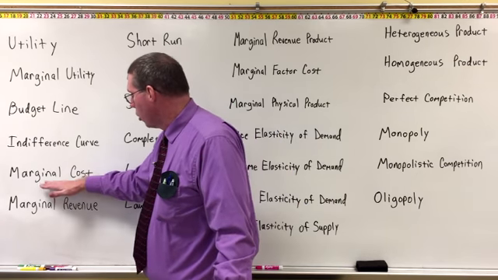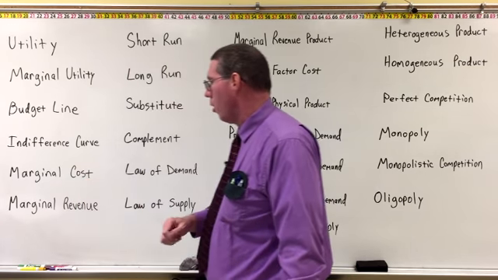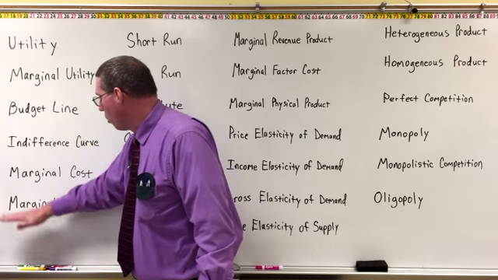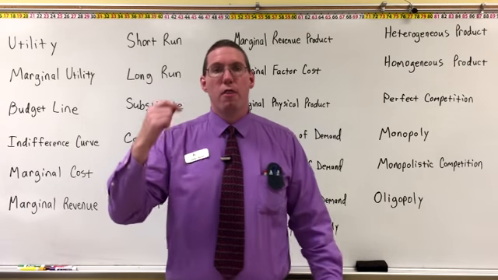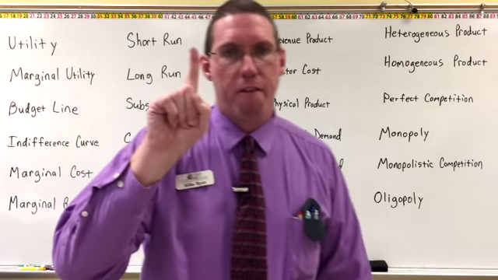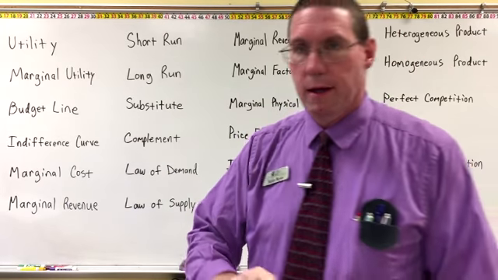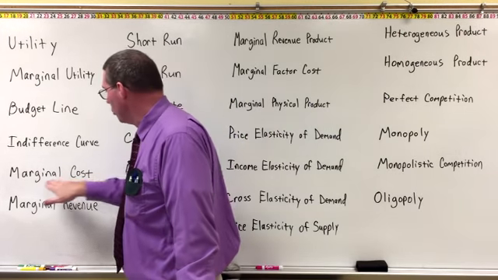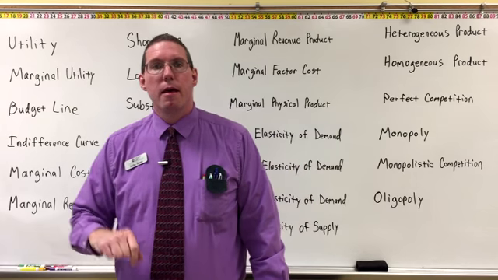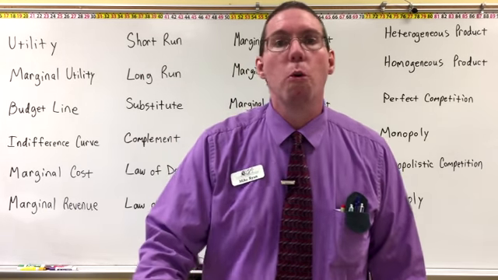But marginal cost and marginal revenue are different concepts. Remember that the word marginal means the little bit extra that you get from doing one more thing. In this case, the marginal cost of a business is the addition to total cost.